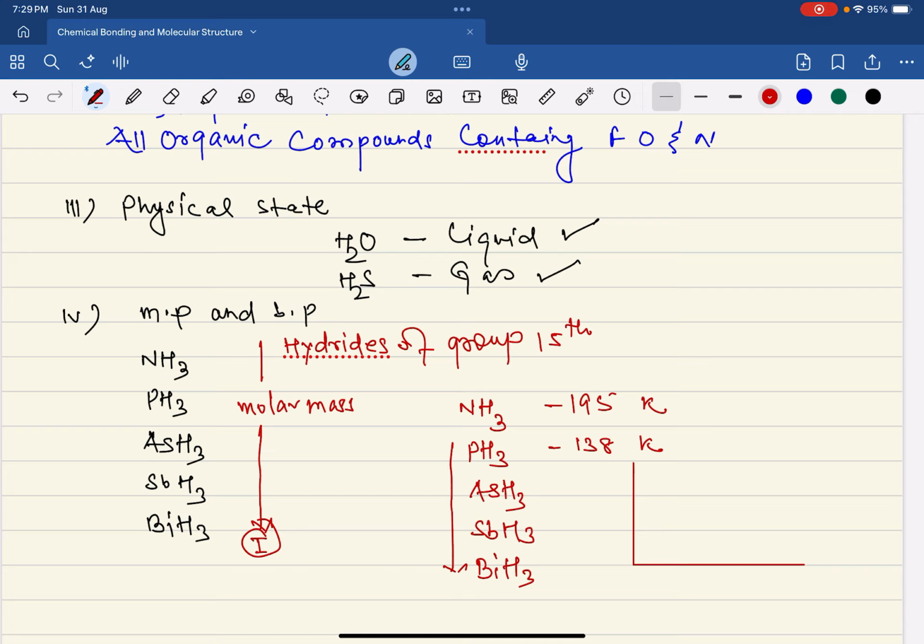In rough manner, ammonia is highest due to hydrogen bonding, phosphine is lowest, and then again mass increases and boiling point increases. So, ammonia highest, phosphine lowest, arsine, antimonine and bismuthine.